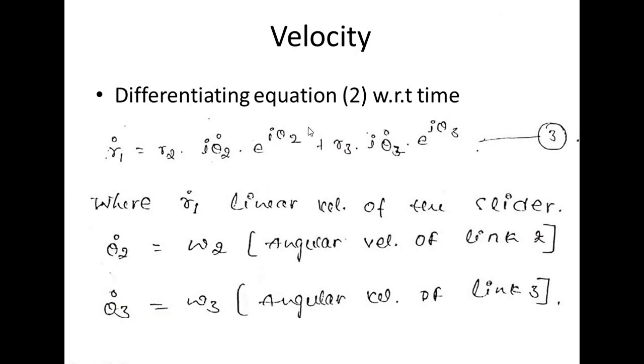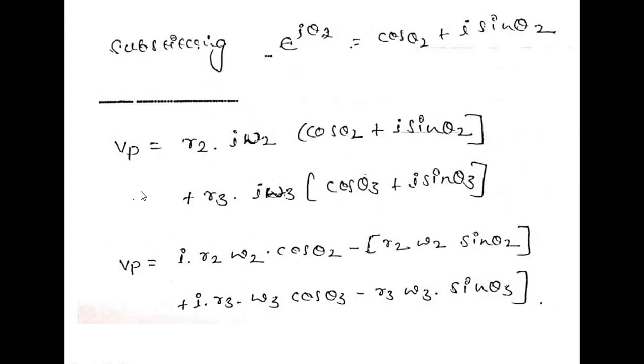So in place of e to the power of I theta 2 we replace cos theta 2 plus I sin theta 2, and in place of e to the power of I theta 3 we replace cos theta 3 plus I sin theta 3. So we get this equation.